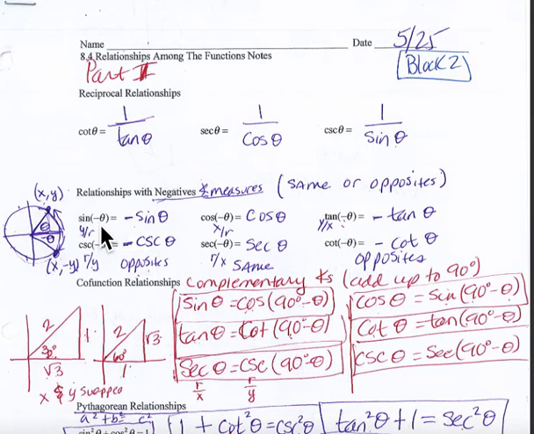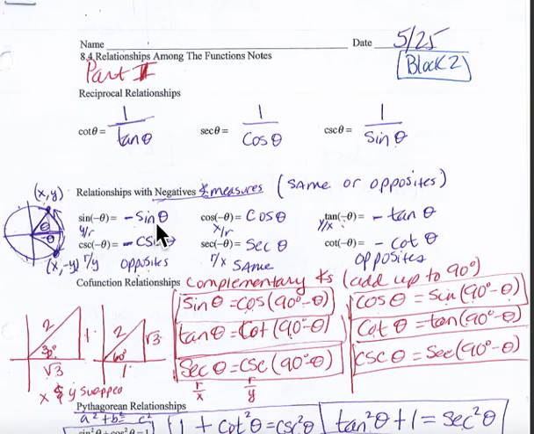But the sine of negative theta will actually be the opposite of sine theta, because sine is y over r. And on the unit circle, where the radius is always 1, and we always start at the point (1, 0), if I move a negative rotation, I'm going clockwise, and I'll end up maybe down here somewhere.